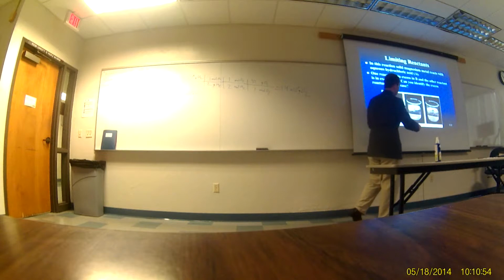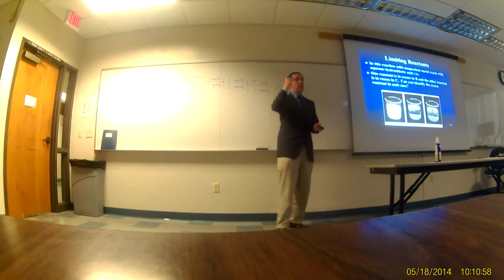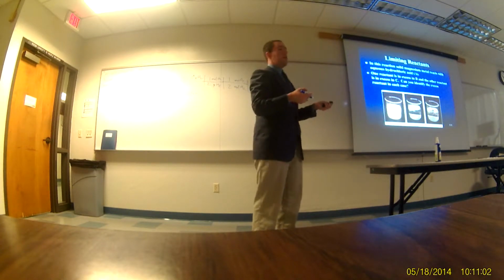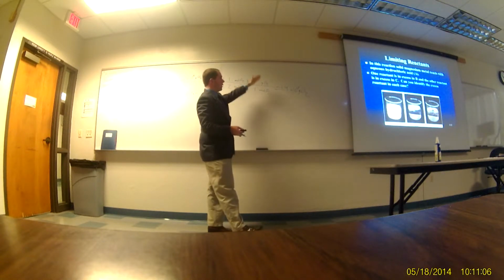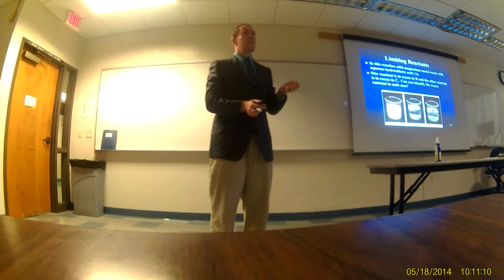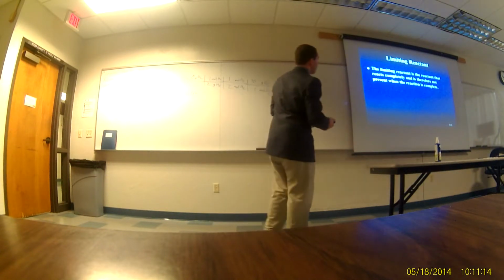So in this case, magnesium is your limiting reactant. If you're just looking at it, you can tell pretty easily which one's your limiting reactant. But in this case before, we had these two problems. You couldn't just look at the number of grams and figure out which one was limiting. You had to do the math.